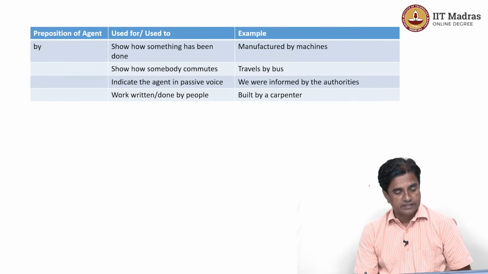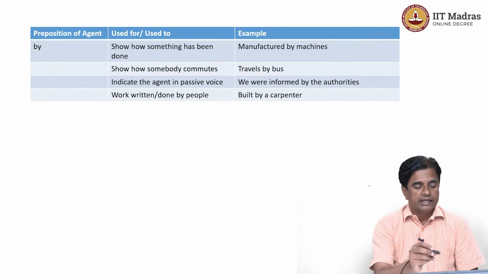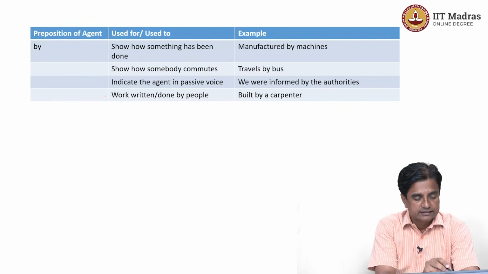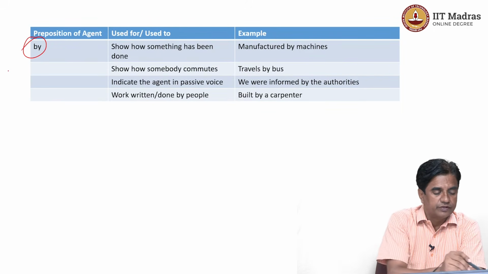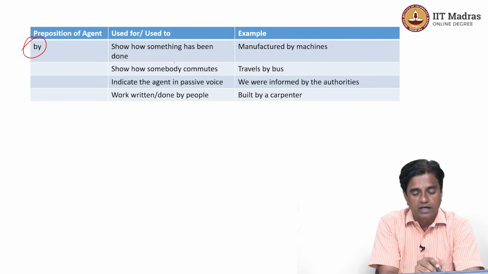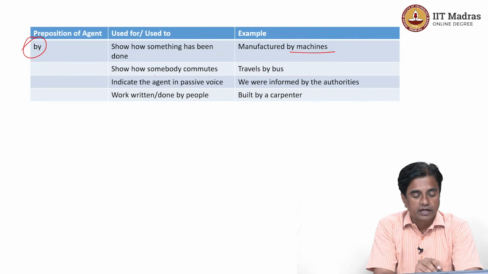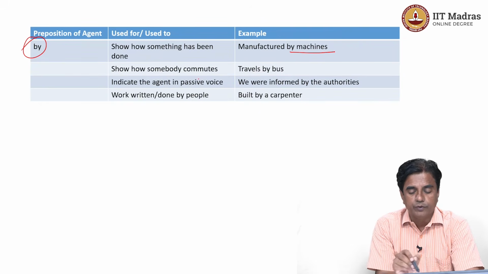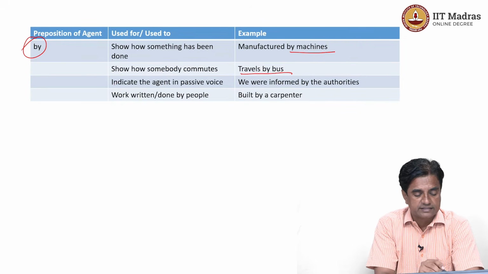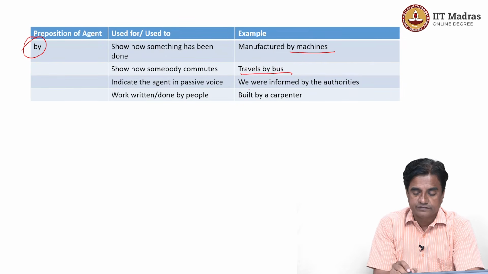We use them in that way. We use "by" in these contexts. This is one preposition. We use it for showing how something has been done. Manufactured by machine. Look at this. Showing how somebody commutes, travels by bus. Indicating the agent in the passive.